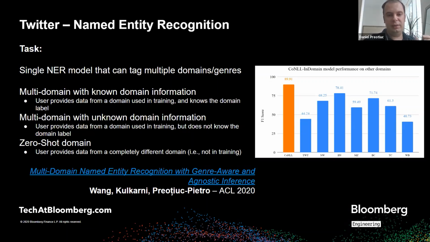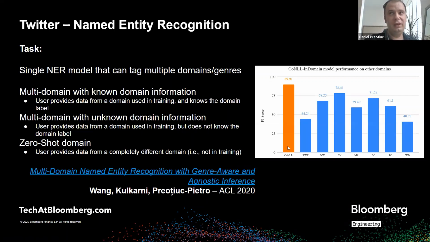Someone has a piece of text, they don't need to know anything about how the model was trained or what data sets were used in training and which one is the most similar to theirs. They just want to send a document and have the model infer the best tags for it. And then we also measure generalizability across data from domains that were not seen in training, and experiments with all three of these are shown in this paper.